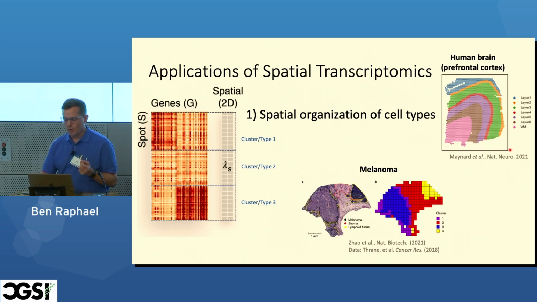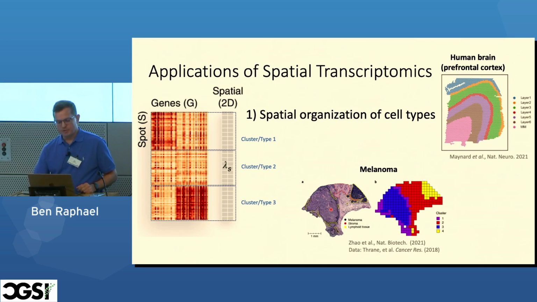So here's just one example of a spatial transcriptomic measurement of the human dorsolateral prefrontal cortex. And this is actually work where they did a manual annotation of these spots into the distinct layers of the cortex. So white matter here in pink, and then multiple layers going through.